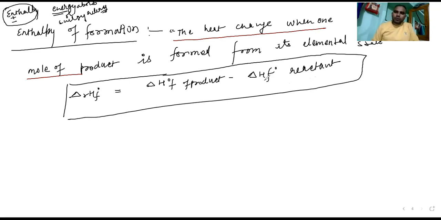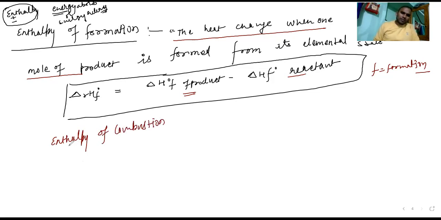F means formation. To calculate the energy change, you have to know how the product is formed and how the reactant is formed. From both enthalpy changes we subtract, then we understand enthalpy of formation. Let's see another one. If you are talking about enthalpy of combustion, in the same way, one example is there.